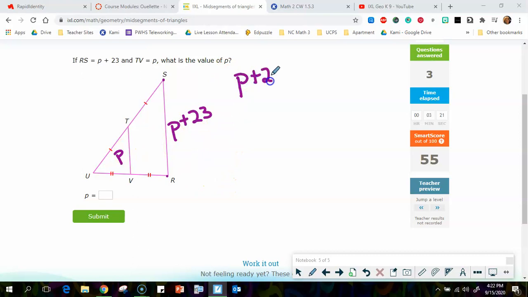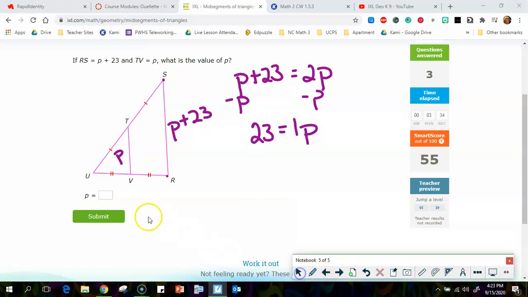So P plus 23 equals 2P, and it's really very similar to the last one. Subtract P on both sides, and you get 23 equals 1P. So P equals 23.